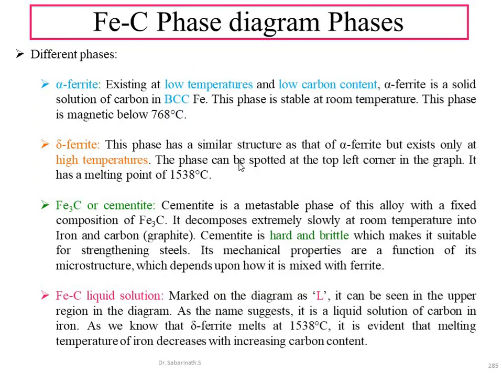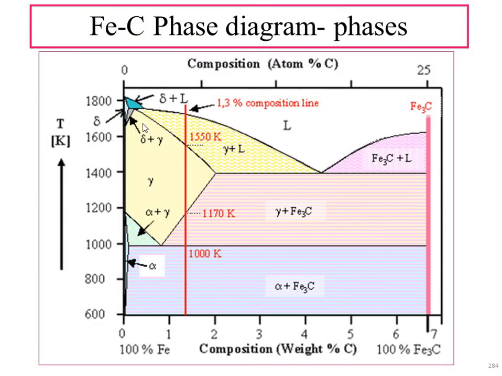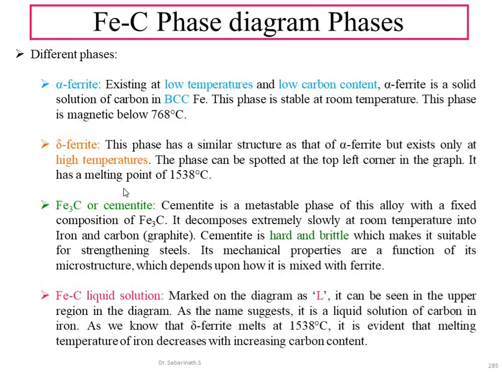The phase can be spotted at the top left corner as we showed before, and has a melting point of 1538, so around 1530. So next is the iron carbide or cementite.